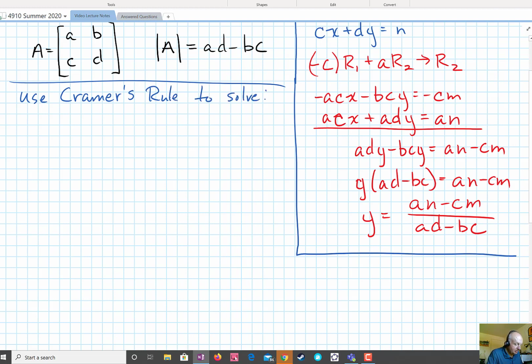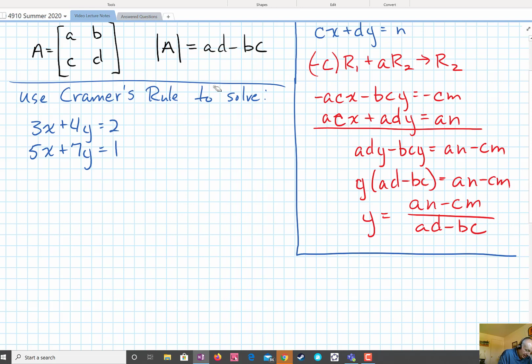So let's see. We can use Cramer's rule to solve a system. We'll just do a 2x2 case, but Cramer's rule applies to all sizes of systems. Here's how it goes. You take your system, and the first thing you do is identify the matrix A, which is the coefficient matrix.